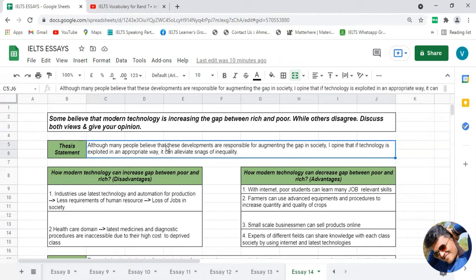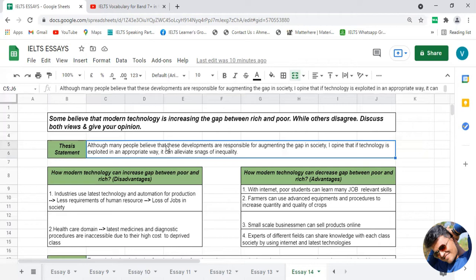It means how modern technology increases the gap between poor and rich, or whether it decreases the gap. If I talk about the basic definition of the thesis statement, it is a statement by which you are communicating with your examiner that I am going to write this and this in my further essay.